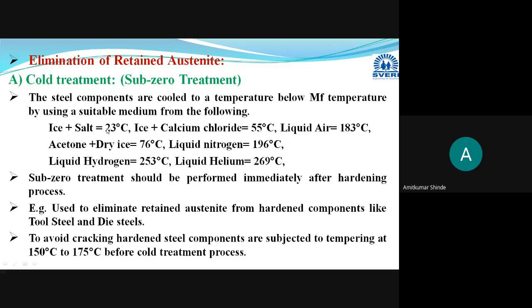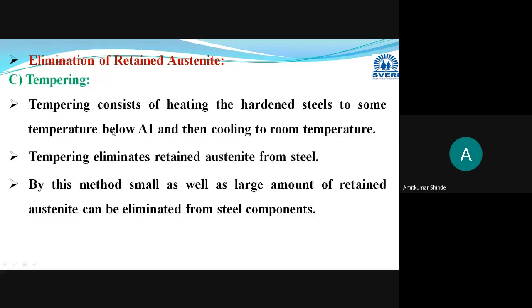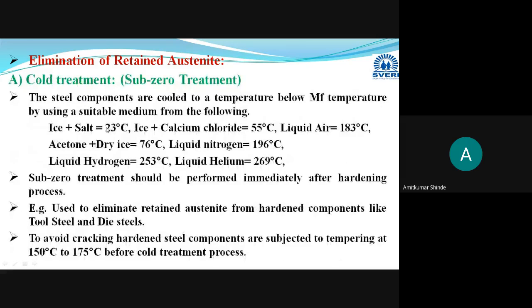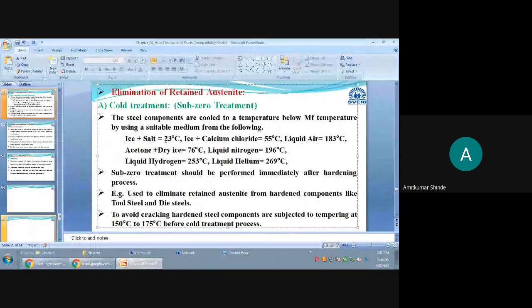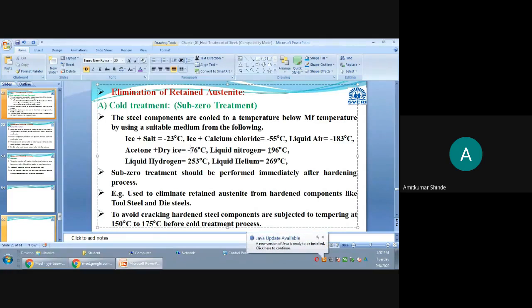Now, whichever temperature zones I have written here, these are negative temperatures. These are negative: -23, -183, -76. Please correct it.